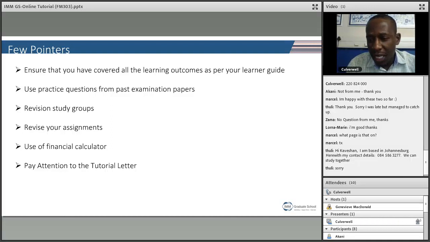There are specific things that a colleague might help you to interpret, more words in the vernacular in specific circumstances, which can help, and then you'll be able to translate into English. Revise your assignment, especially question 1, theory stuff. There is a guideline of your assignment already online, how to use a financial calculator, and also pay attention to your tutorial letter.